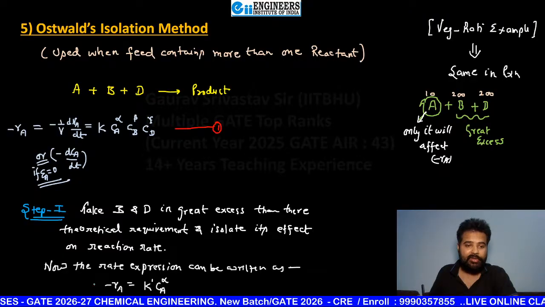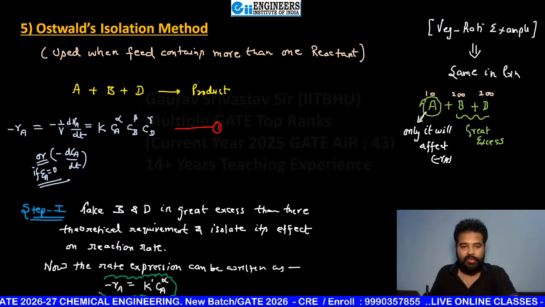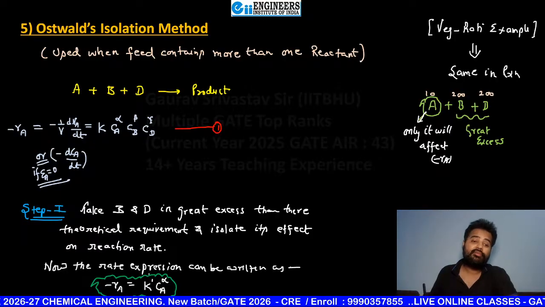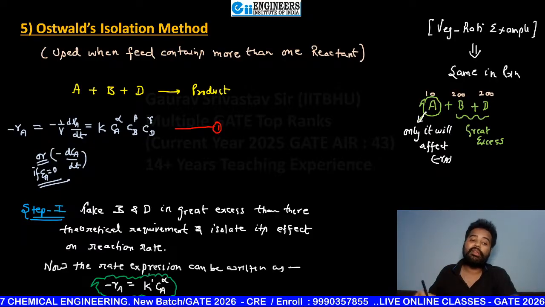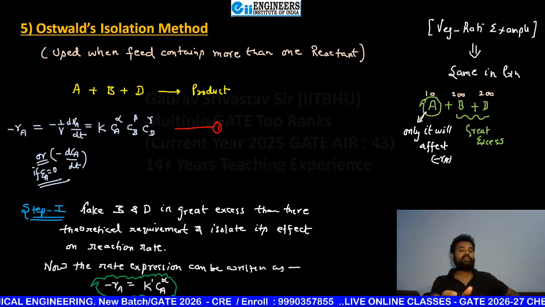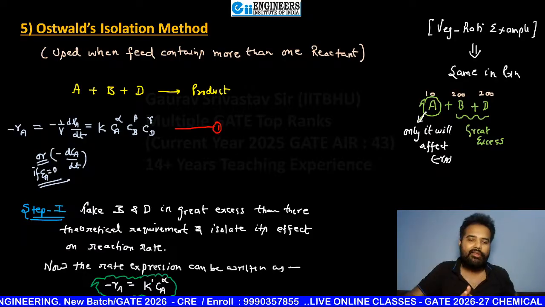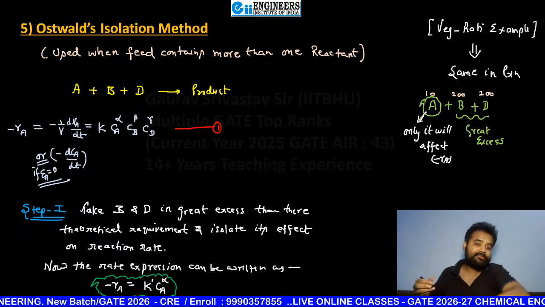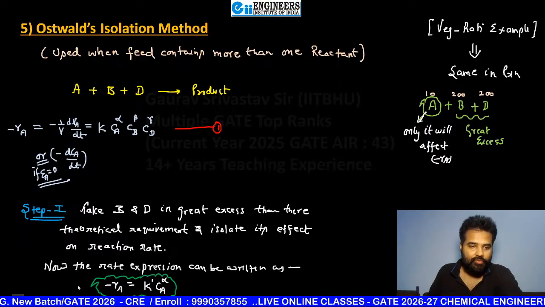Just like you had seen with catalyst in previous cases, pseudo reaction order cases, same thing here. Now k becomes k dash, in which the max concentration values of CB and CD are included. Okay, so this is your equation number 2.